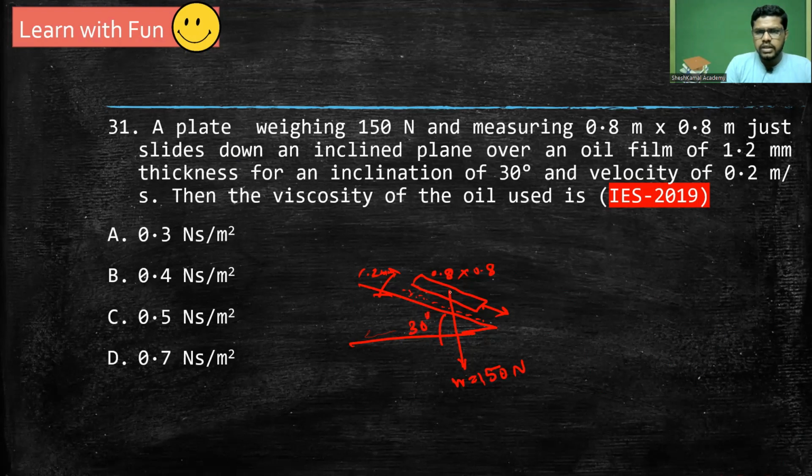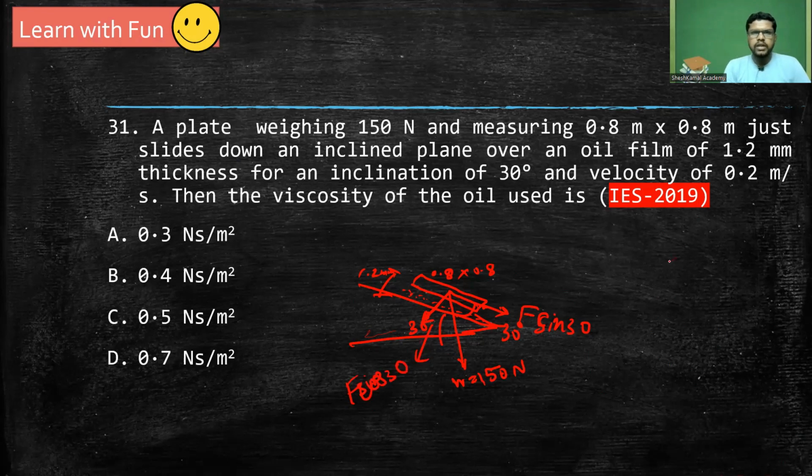If you resolve this weight in x and y direction, this angle theta will come out to be 30 degree. So this component of weight is F. This angle is with the vertical, so it is F sine 30, and this component is F cos 30.